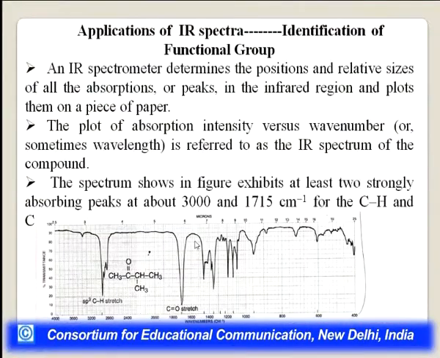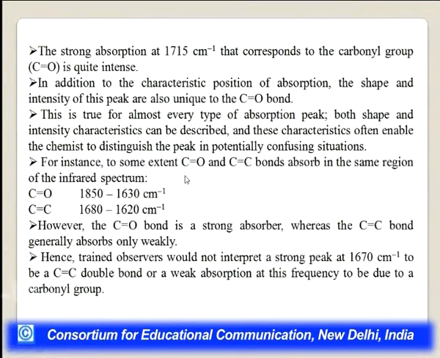This is the spectrum of 3-methyl-2-butanone. The strong absorption at 1715 that corresponds to the carbonyl group is quite intense. You can see the length of this. So it is a very intense carbonyl peak.